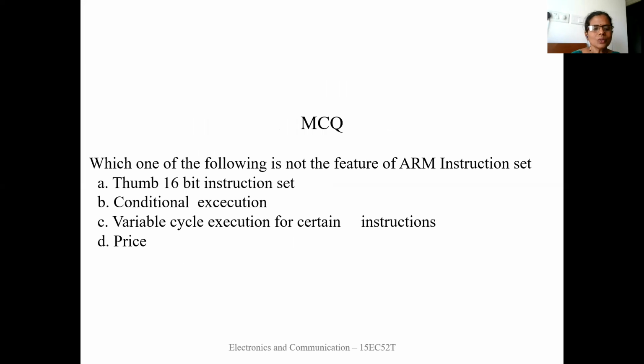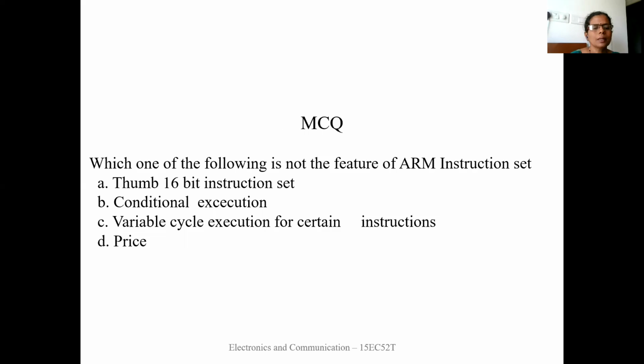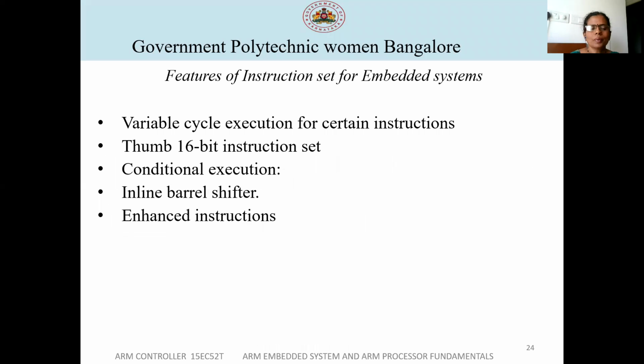We know that price comes under the category features of ARM design philosophy. So definitely the option is D. You can list the features of ARM instruction set once again. These are the features of ARM instruction set. In this, the price is not there. So price will be the answer for that question.